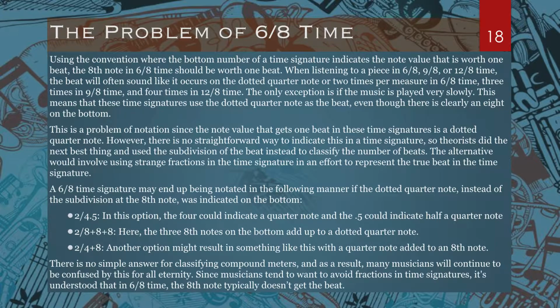The problem comes in if you're a conductor. You're not going to want to conduct 6/8 time in 6 beats, because generally 6/8 time moves very fast. So in order to efficiently conduct that time signature, you'd have to conduct it in 2. 1, 2, 3, 4, 5, 6. So that's sort of an explanation for why compound time signatures are so weird.